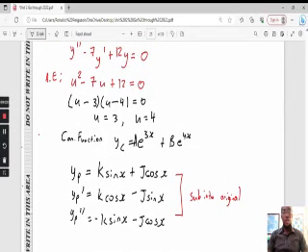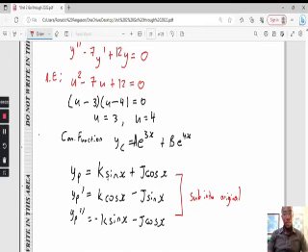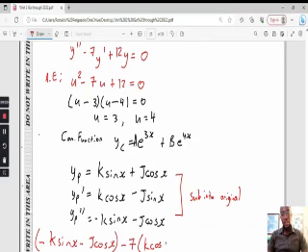So plug in y double prime as minus k sine x minus j cos x. And then we plug in minus 7 times y prime. y prime is k cos x minus j sine x.